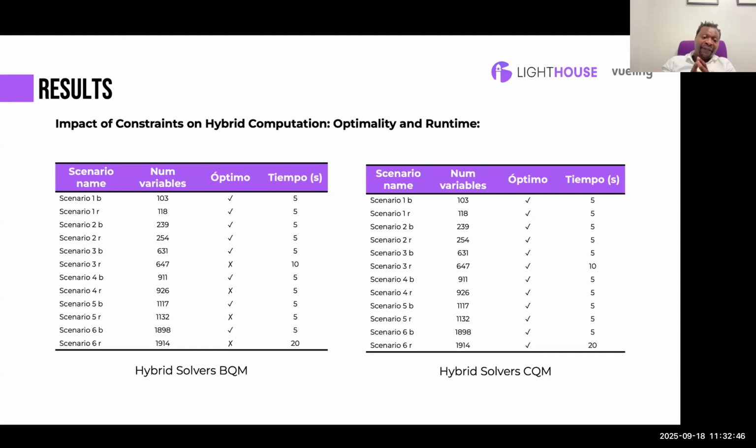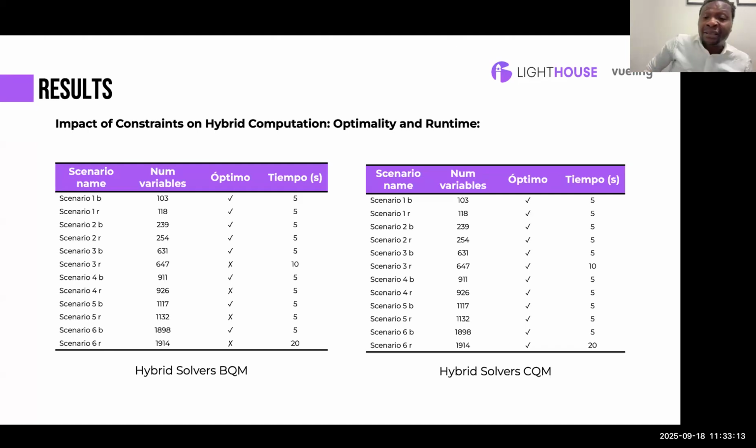At the left hand, we can see the hybrid solver BQM, the binary quadratic modeling, and the right hand we can see the CQM, where we can see that the CQM achieves all the optimization solutions in all the scenarios, and in the time that was also required for Vueling.